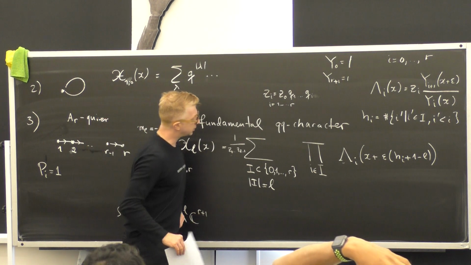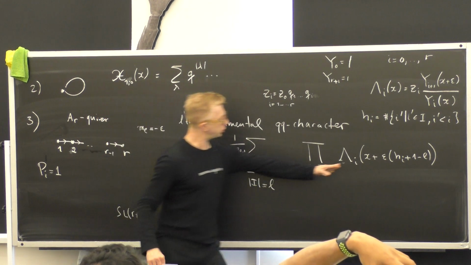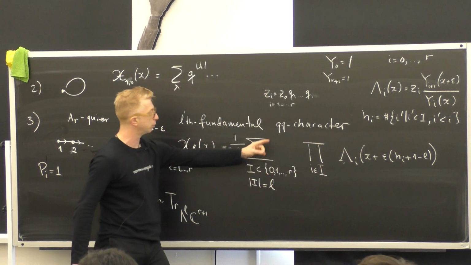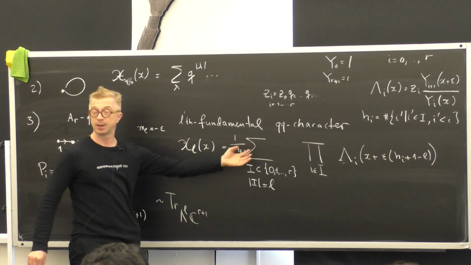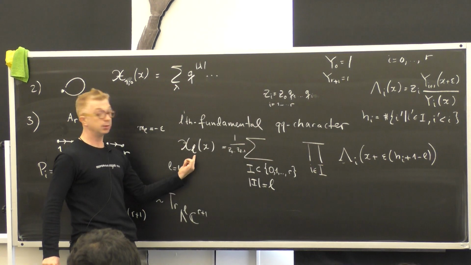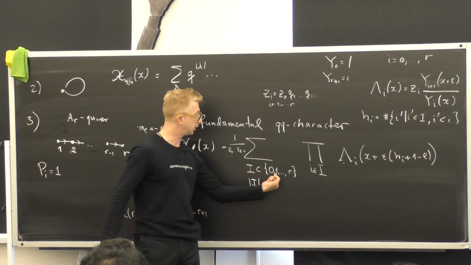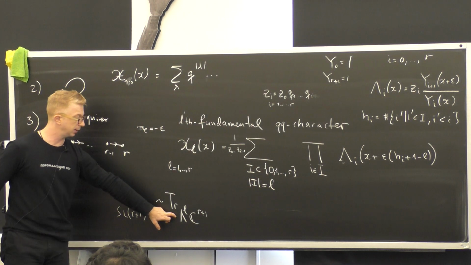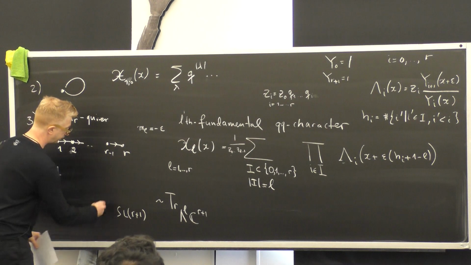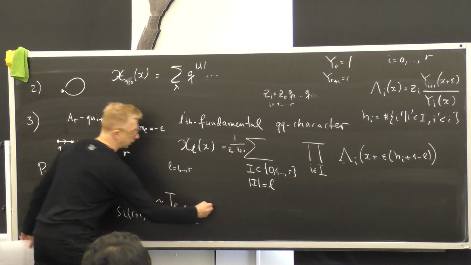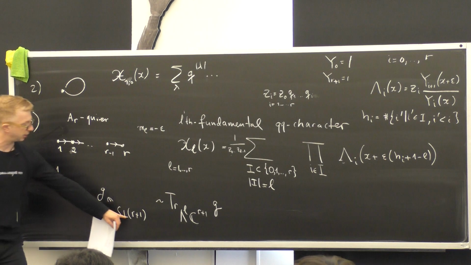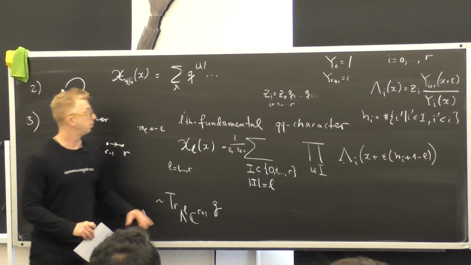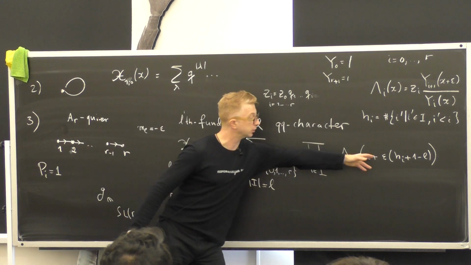So you can see if not for the shifts, this would be just the linear sum of all combinations of products of eigenvalues in the amount of L out of the set of r plus 1 eigenvalues. So that's like taking the trace of a matrix in SL r plus 1 in the L-th fundamental representation. But the difference is that there are some shifts here, shifts of the argument.